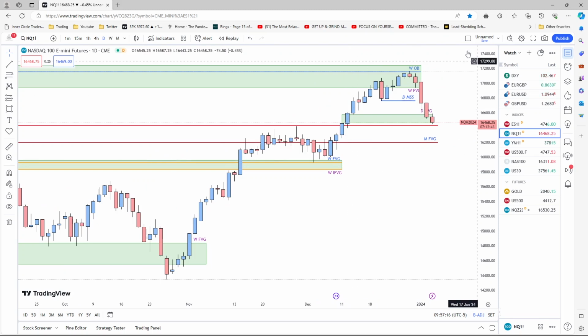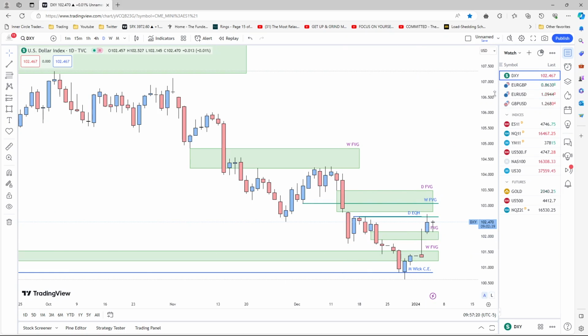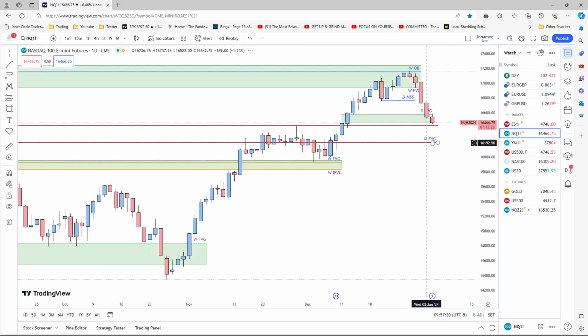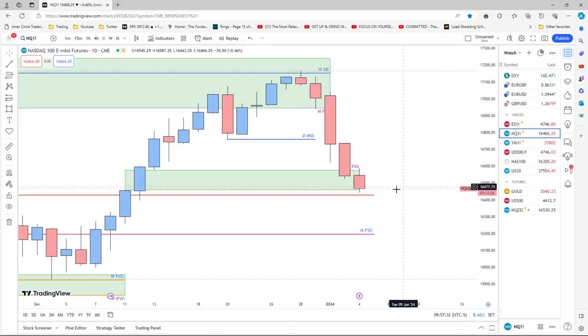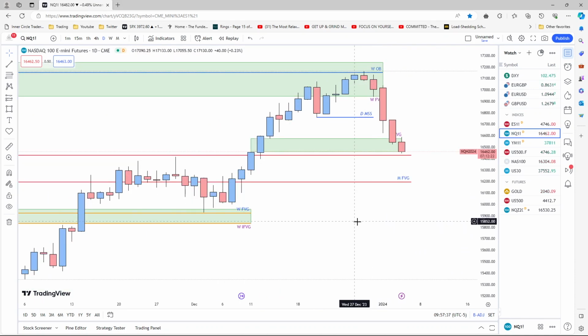And if NAS is bearish, excuse me, then I want to see a bullish dollar. But we're at these weekly levels now, and price could just tap them and freeze like a wall. Weekly and monthly levels. So it's a tricky situation to be in, and we have all these levels stacked up against one another. So you got to be mindful, but this is definitely bearish.